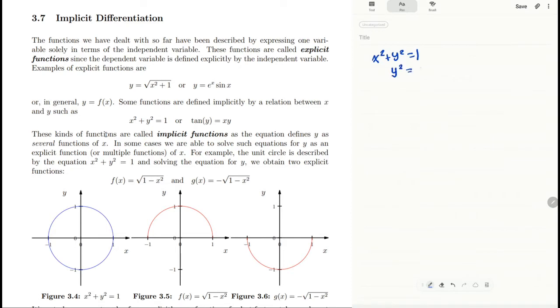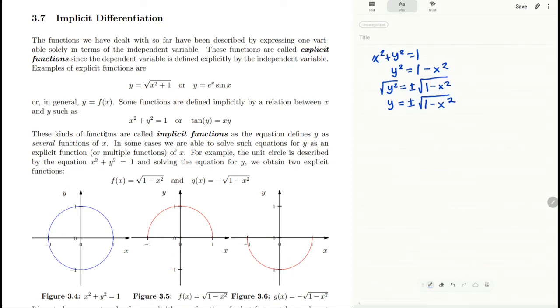So if we were to isolate for y, we have y squared is equal to 1 minus x squared, and then taking the root on both sides, remembering that we have plus or minus, we have that y is equal to plus or minus the square root of 1 minus x squared.